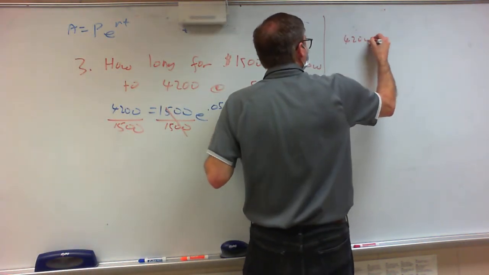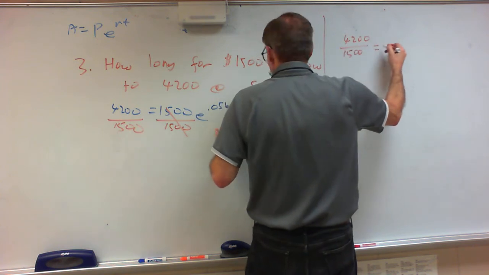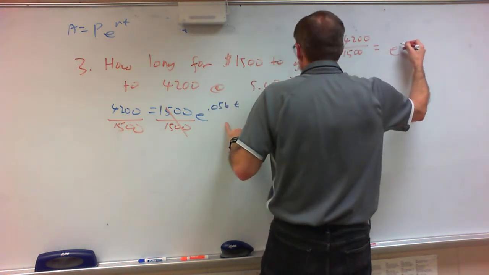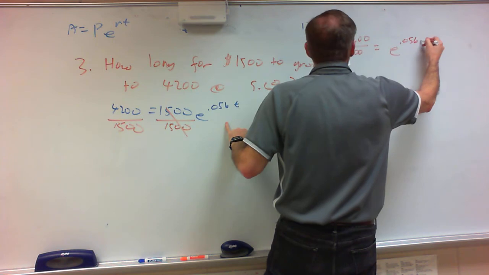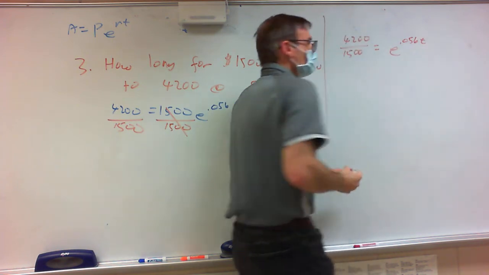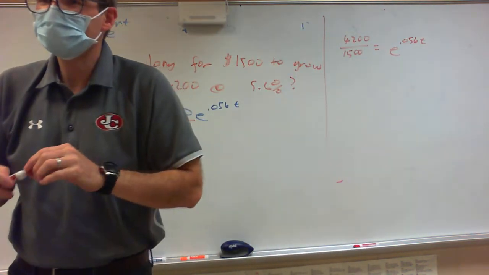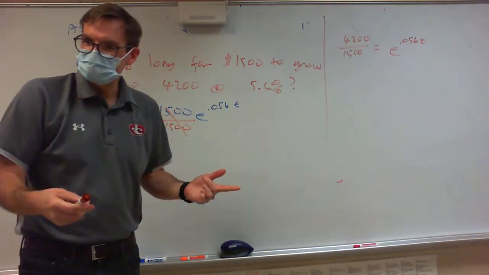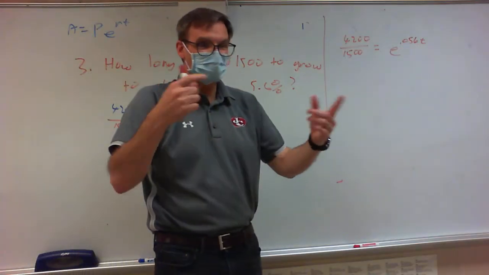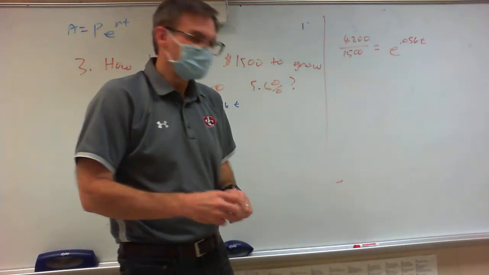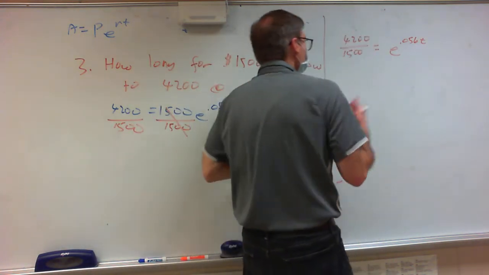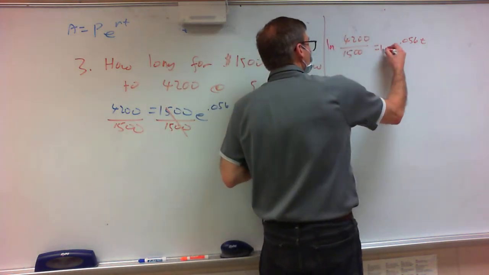This gives us 4,200 over 1,500 equals e to the 0.056 T. Now what do we do? Now we take the natural log. You see why I wanted y'all to do that stuff yesterday? So now we're going to take the natural log of both sides.